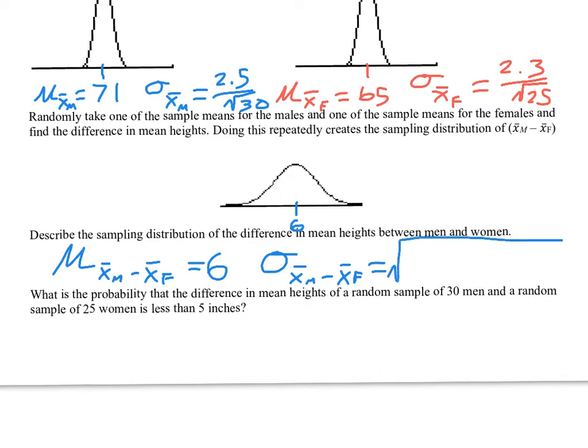we would take the standard deviation for the men, square that, take the standard deviation for the women, and square that, and then take the square root of that sum.